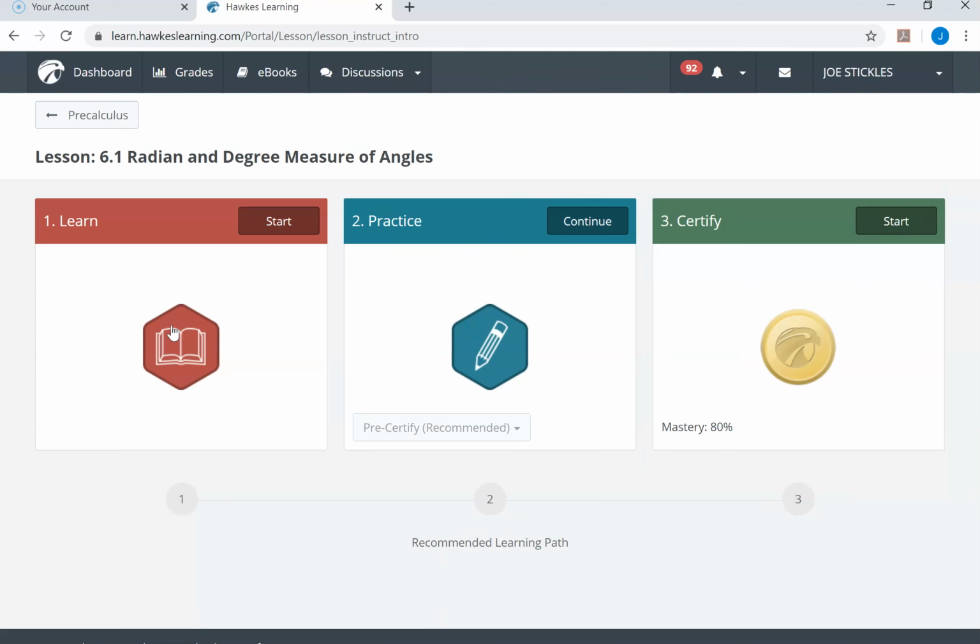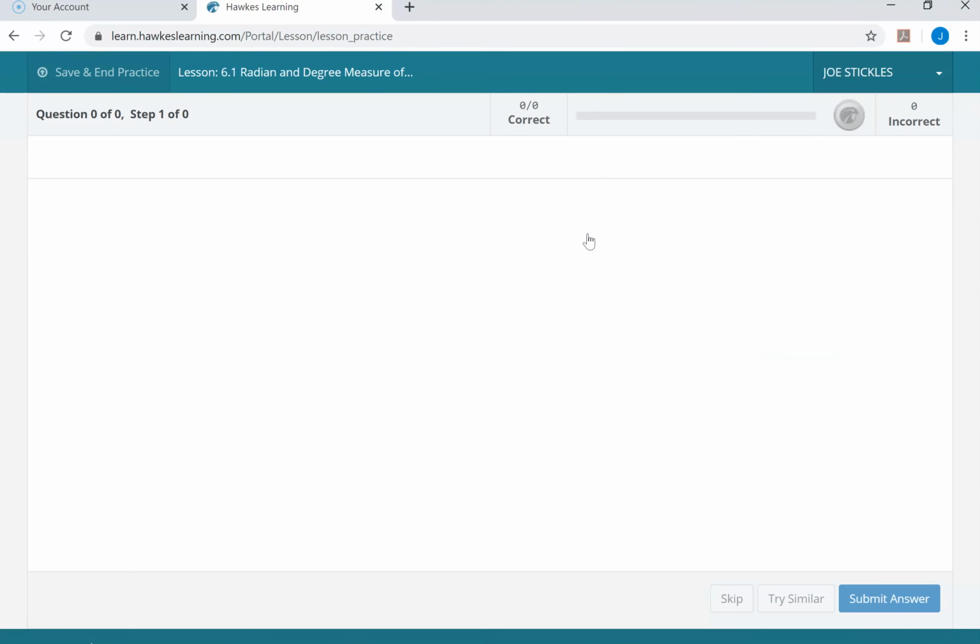When you click on that, it takes you to that particular lesson. You've got the Learn mode, which is essentially your textbook. If you want to read through examples or some prose, that's in the Learn mode. Your Practice mode gives you practice problems. If you're struggling with something, you can go through and get step-by-step tutoring just to show you what a particular problem looks like.